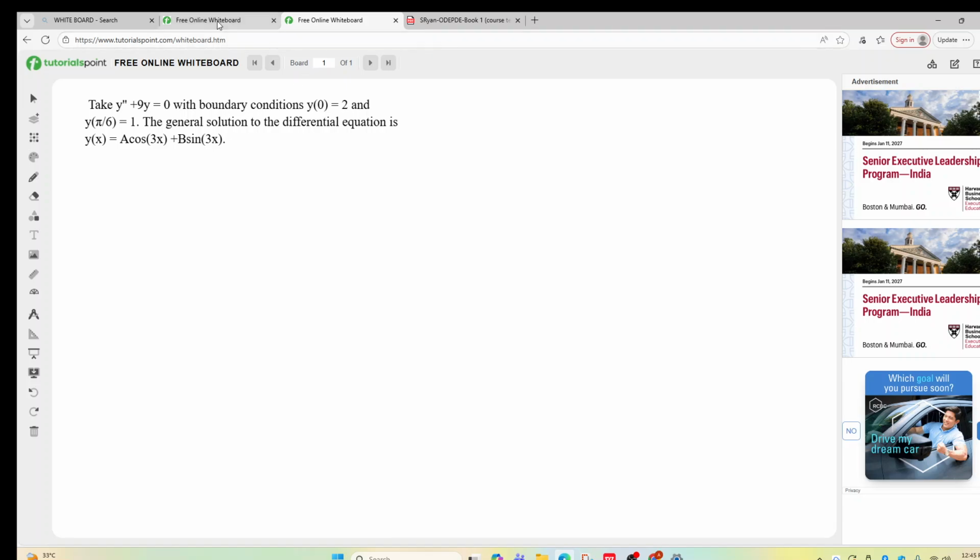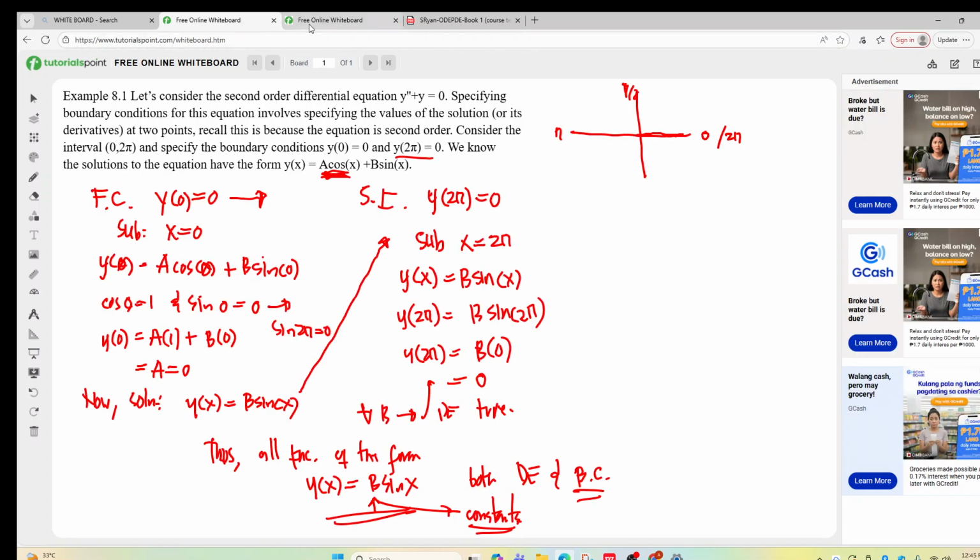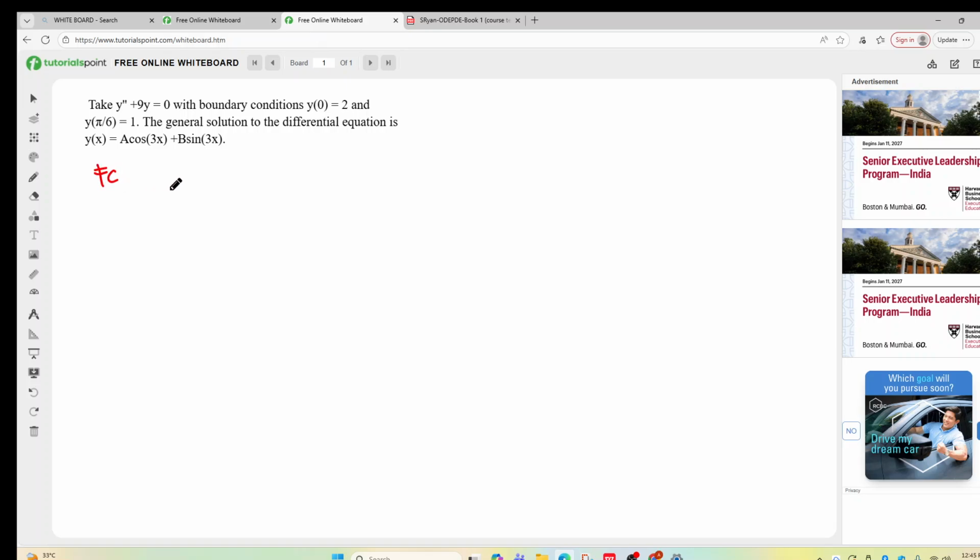So again, we are going to use the first condition, where y of 0 is equal to 2. We need to substitute the value x equal to 0 into our solution. y of 0 is equal to a cosine 3 times 0, which is basically 0, plus b sine 3 times 0, which is always 0.